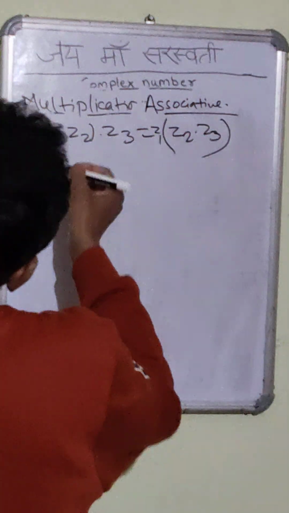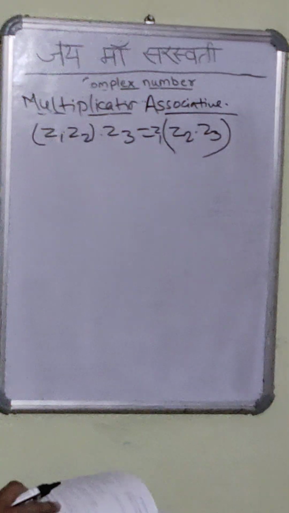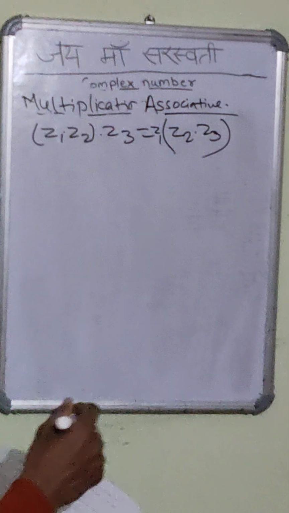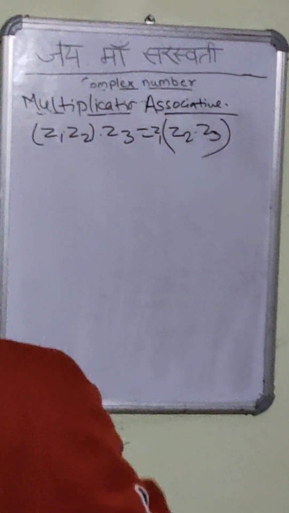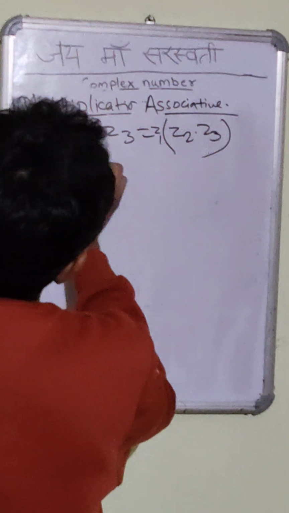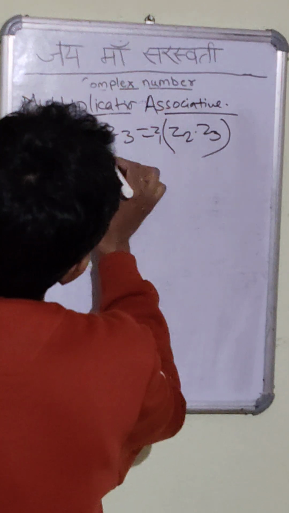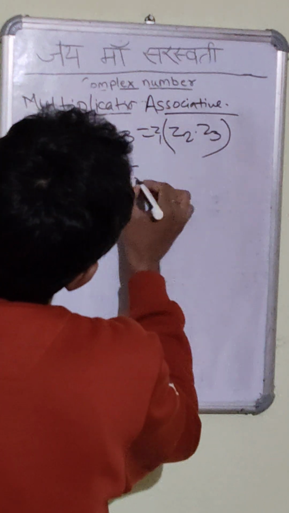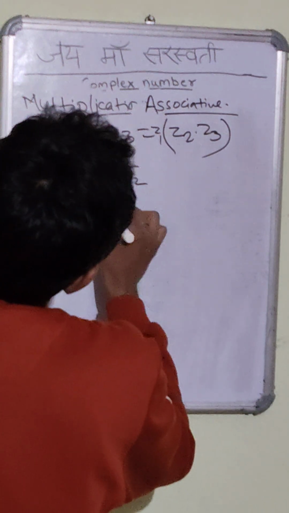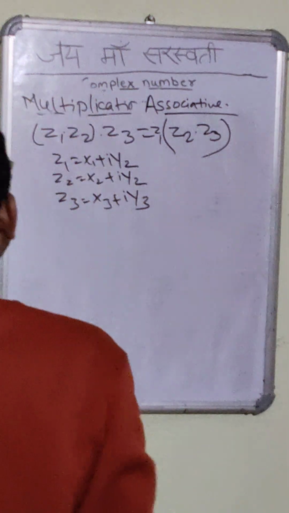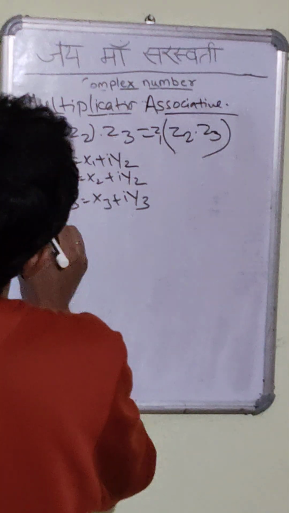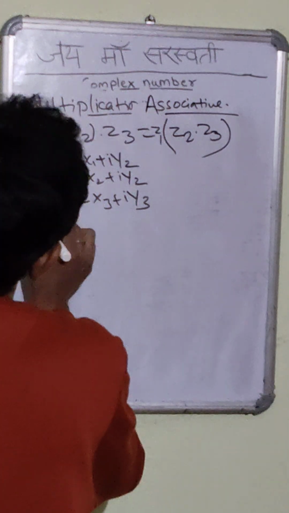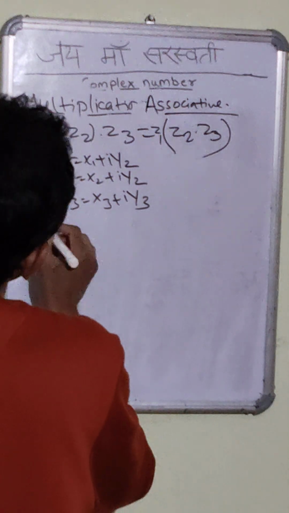In this case, similarly, we will take one example. We will follow the same nomenclature for the other complex numbers, but change the notations. So Z1 is equal to x1 plus iy1, Z2 is equal to x2 plus iy2, and Z3 is equal to x3 plus iy3. Whenever we multiply two complex numbers, we write them separately.